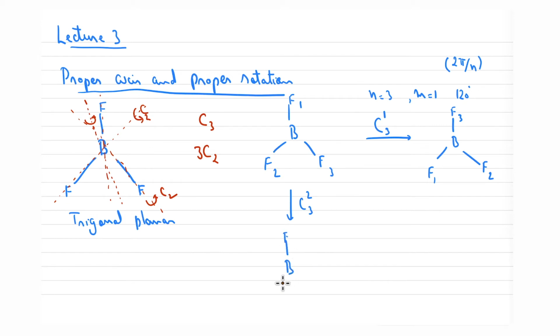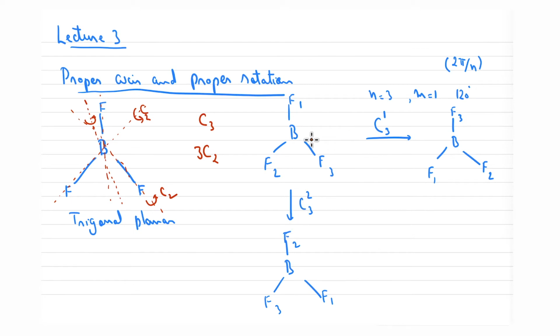B, F, F, F. So again this rotation will be anti-clockwise, but now 1 actually moves all the way here, 3 moves all the way here and 2 moves all the way there, right? So we have 240-degree rotation. So 1 comes over here, 3 over here, 2 over here, right? This is C3 done twice.